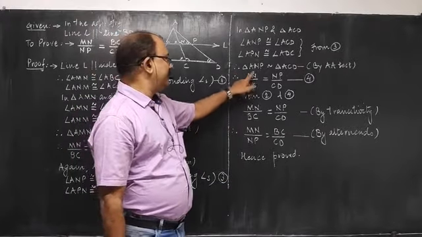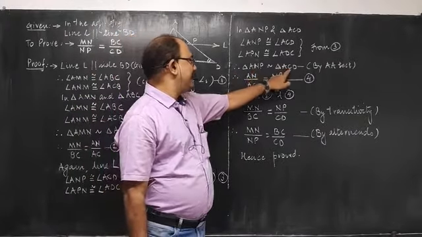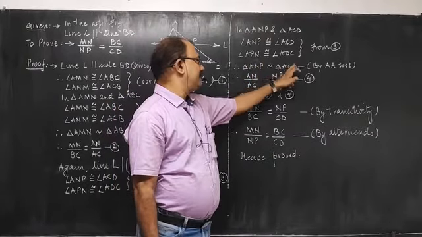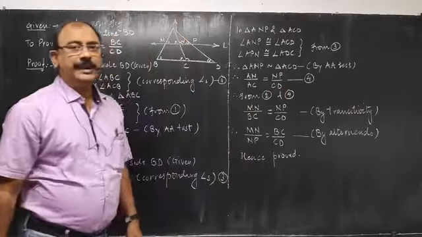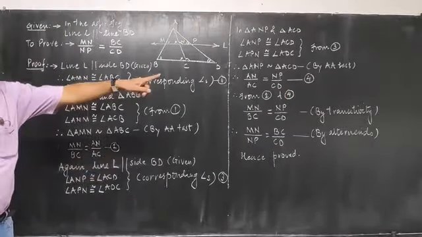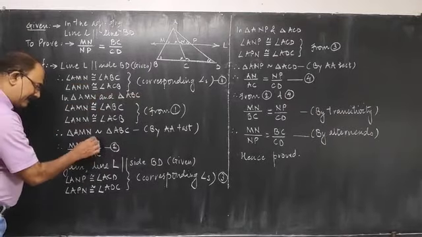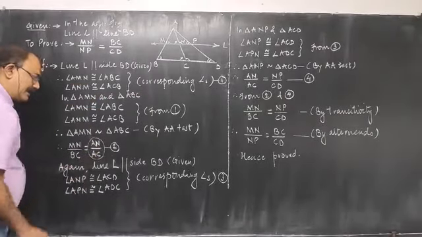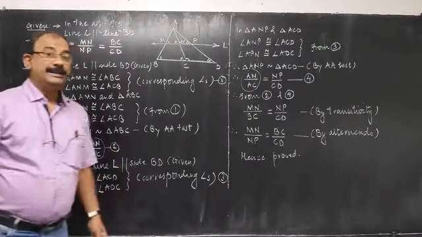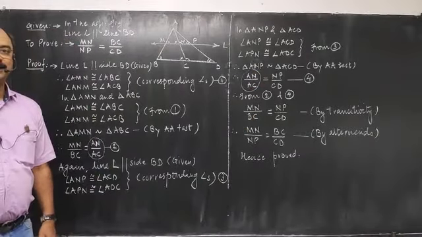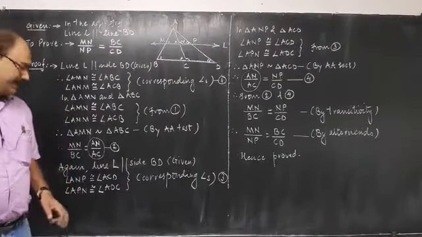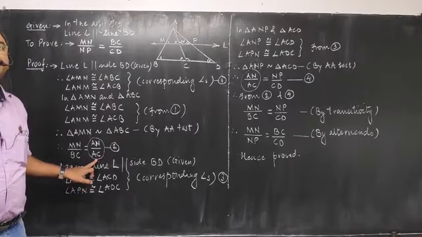So AN upon AC is equal to NP upon CD. Now if we observe equation number 2 and equation number 4, we observe that the right-hand sides are equal. That is our plan of action, that this is the linking factor.